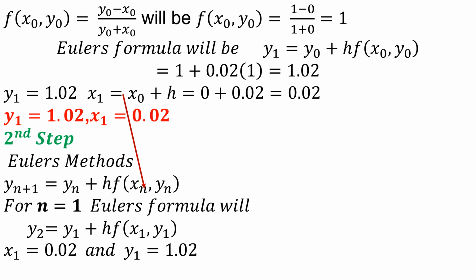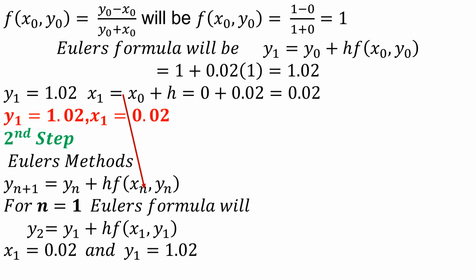So Euler's formula will be y1 is equal to y0 plus h f of x naught, y naught. This value is already calculated as 1, and the value of h we have already taken, that is in our hand, and depending upon that the number of steps will change. So h is equal to 0.02.